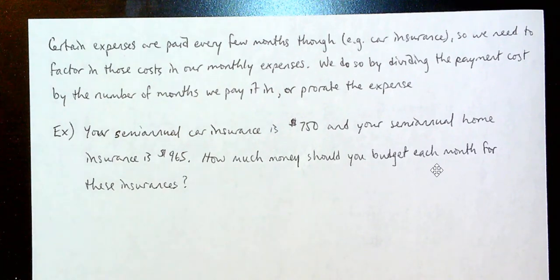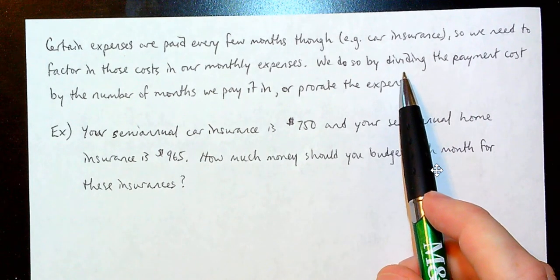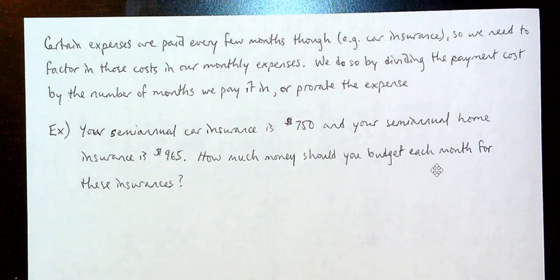This is known as prorating the expense. So what I mean by dividing the payment cost by the number of months that we pay it in, say you have your car insurance bill that comes in and you pay it off every 6 months.